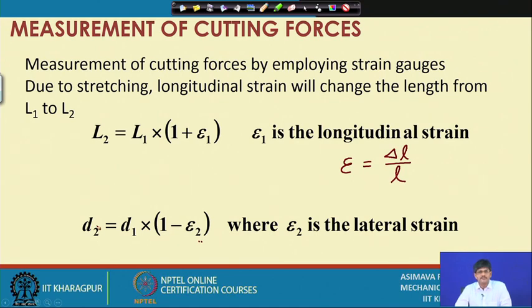Rather, from Poisson's ratio we will get a relation between this lateral strain and longitudinal strain. Lateral strain by longitudinal strain is equal to Poisson's ratio. But anyway, the new diameter will be decreased to original diameter multiplied by 1 minus epsilon 2. So, that is the lateral strain.